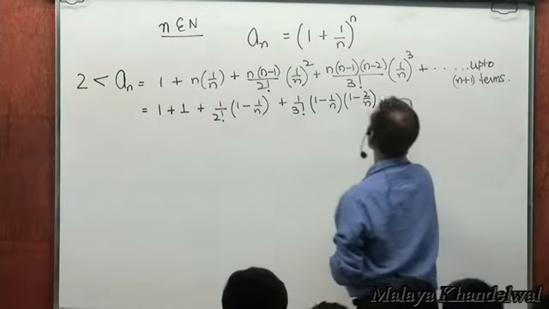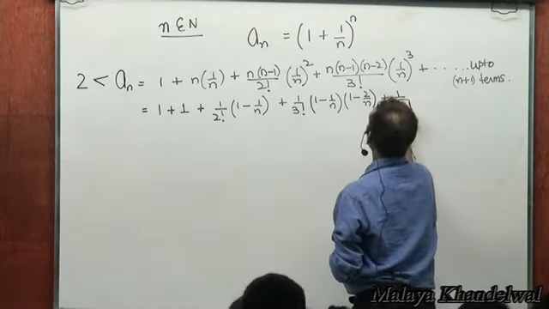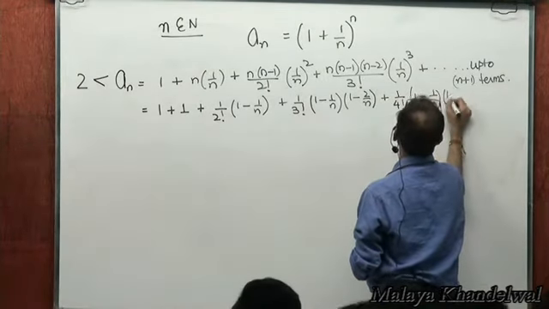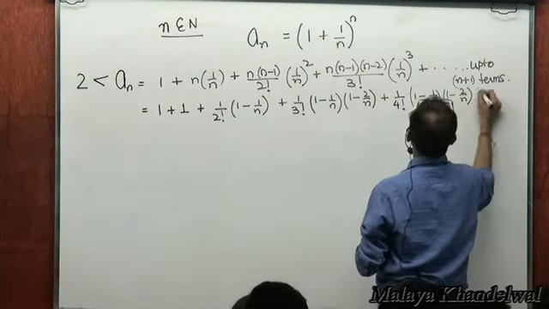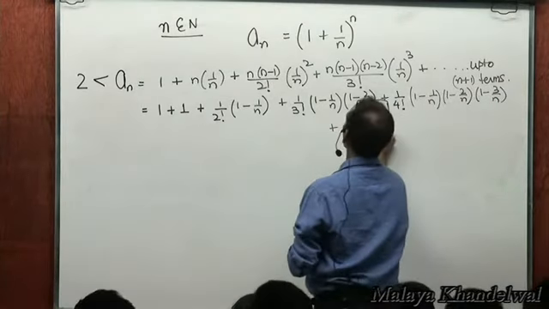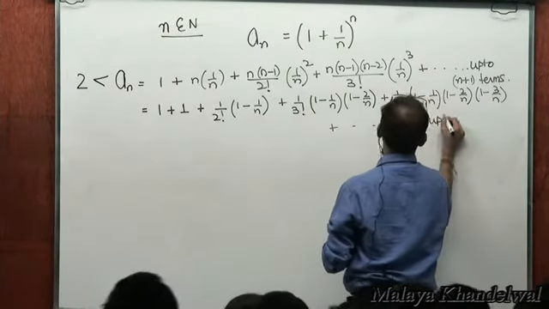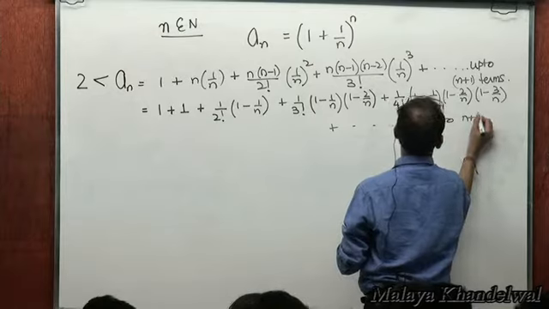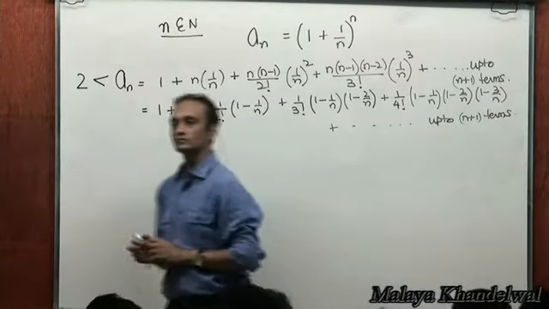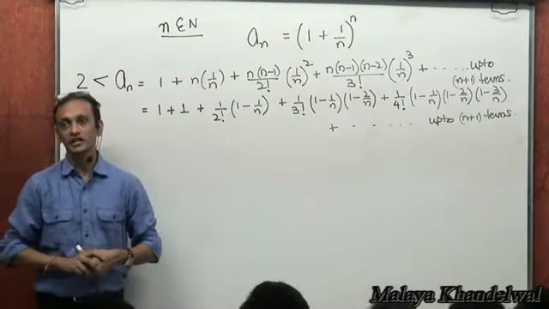Then 1 by 4 factorial, similarly 1 minus 1 by n into 1 minus 2 by n into 1 minus 3 by n, up to n plus 1 terms. Yes or no?